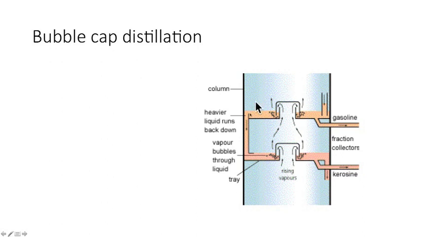Remember, this would be a cooler layer, this would be a hotter layer, and they rise up and go through here. Ones that condense at this point will just be drawn off, whereas others with a lower boiling point will still vaporize, go into a gaseous form and rise up to the next level.